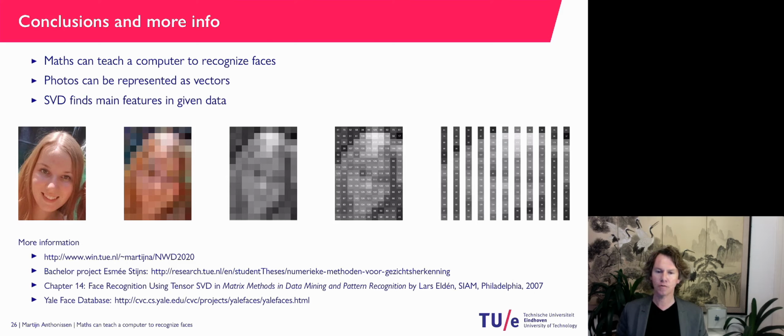And there is a very nice book called Matrix Methods in Data Mining and Pattern Recognition by Lars Eldén. He spent a chapter also on face recognition and uses not the usual singular value decomposition, but a tensor singular value decomposition. A tensor is something like a 3D matrix.